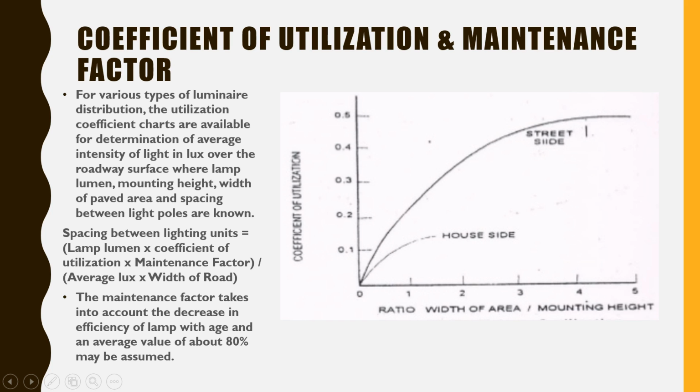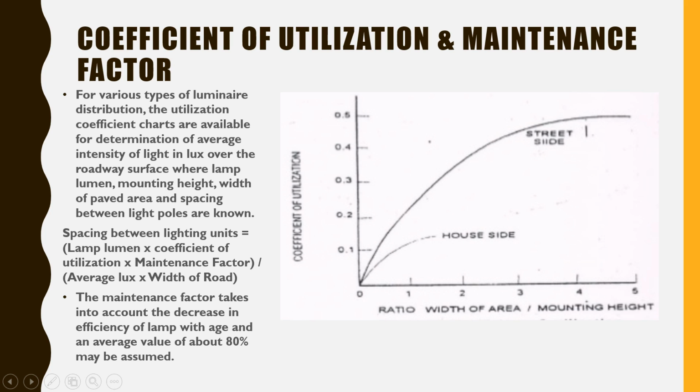From this you can find out the coefficient of utilization. Utilization coefficient charts are available for determination of average intensity of light in lux over the roadway surface, where lamp lumen, mounting height, width of paved area, and spacing between light poles are known.